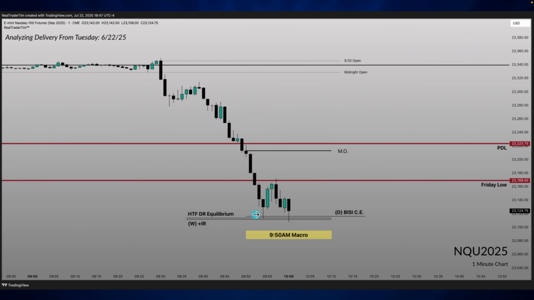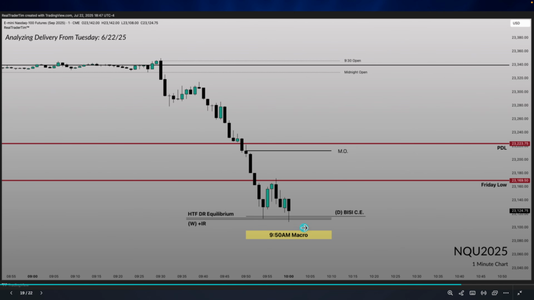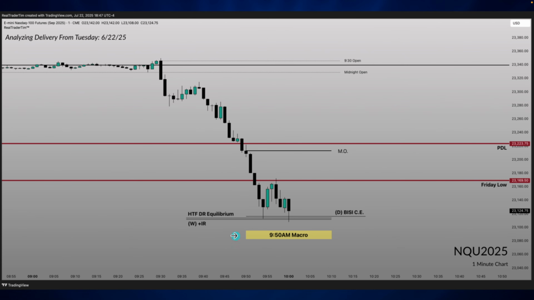Those three levels, the bodies are respecting all three of those levels. Now, when are these higher time frame key reference points being worked? During this macro window. So this is KRP x macro, and this is what we look for and we talk about on this channel, and I utilize in my trading on a day-to-day basis, right? These are the signatures, exactly what I look for.